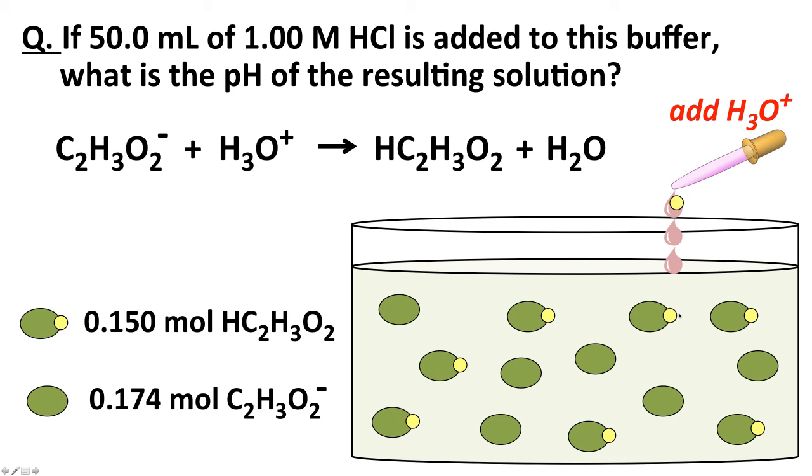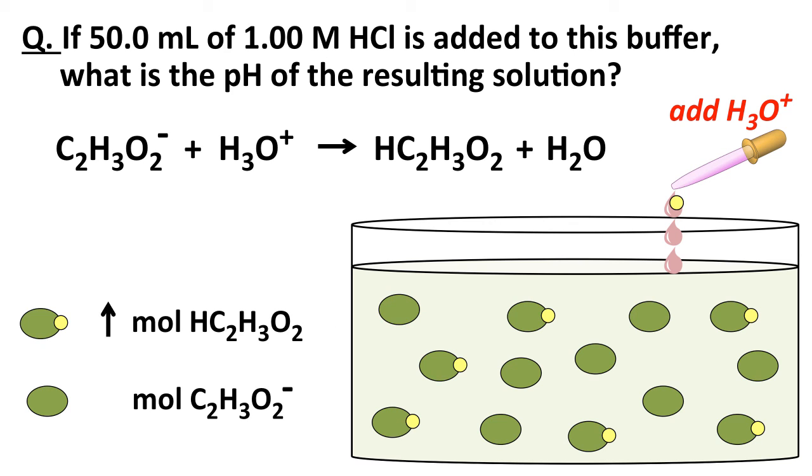And if we add a little bit more H+, it's going to add on to another acetate ion and make some acetic acid. Now notice what's happened is we now have more acetic acid molecules or moles. We have fewer acetate ion molecules, but we still have some of each, and if we still have some of each, then we still have a functioning buffer. So let's calculate and see what happens.